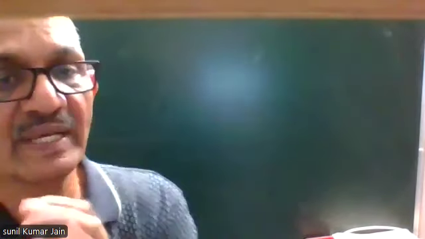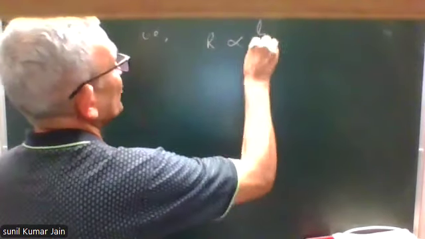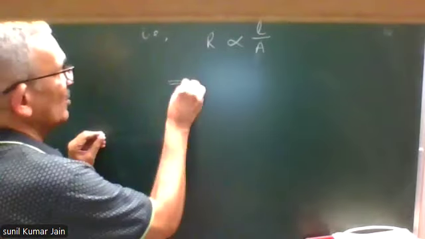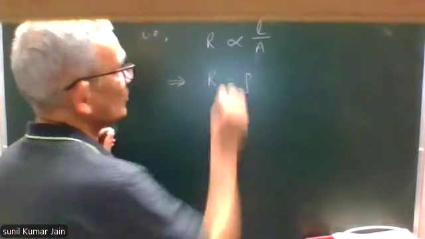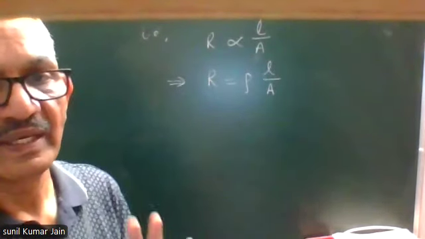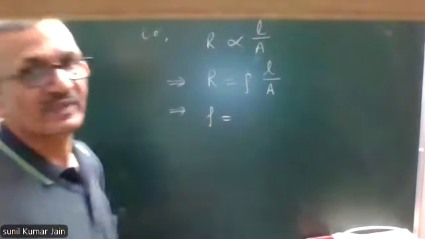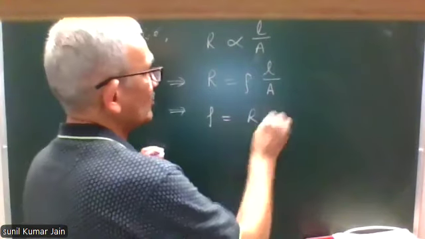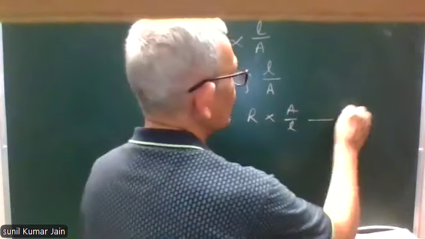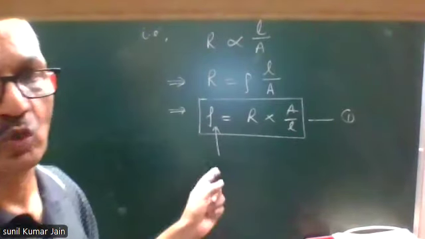Now you have to copy from the board. That is, R is directly proportional to length, inversely proportional to area of cross section. Or I can say resistance is equal to a constant rho into L by A. I'll rearrange this: rho is equal to R into A by L. Label this equation as 1, and label rho.